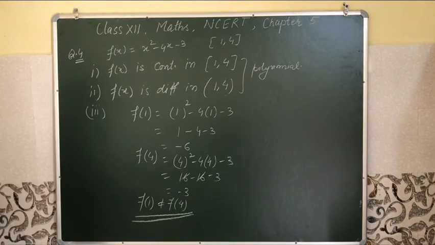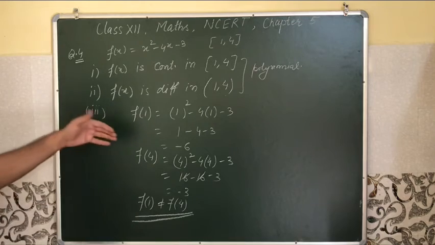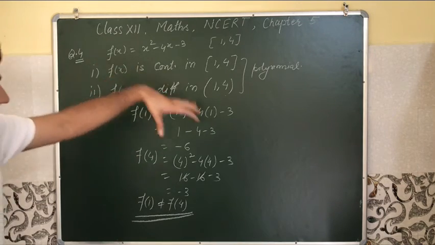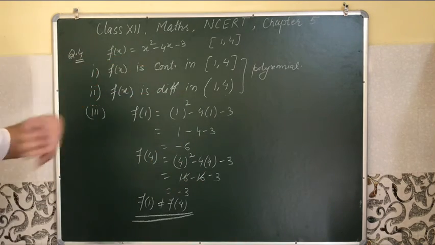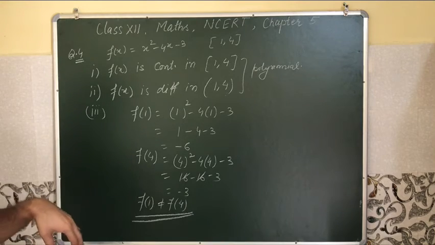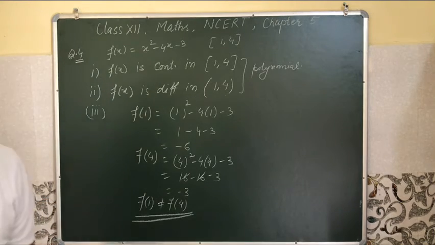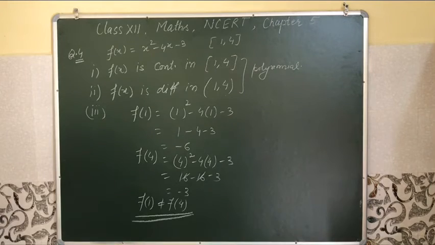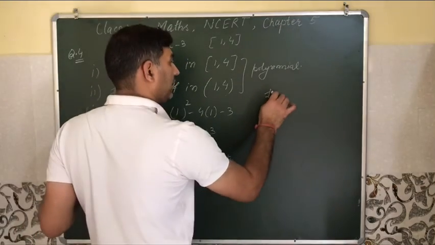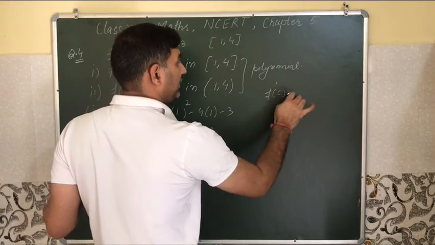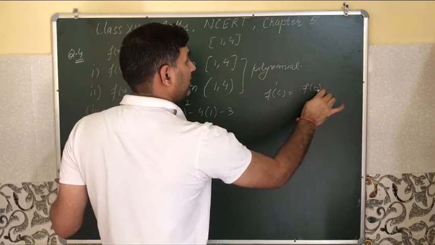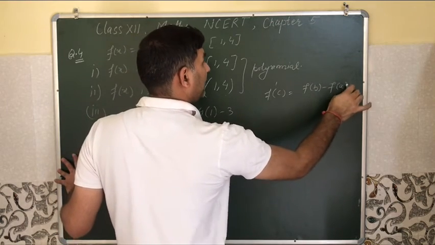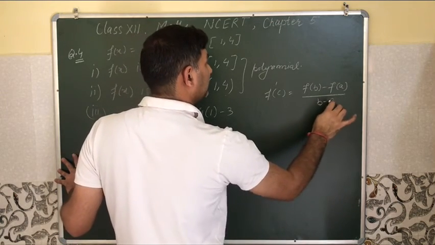This function satisfies the mean value theorem. That means the mean value theorem is applicable on this. And then third one: there exists at least one point c that lies between 1 to 4 such that f dash c is equal to f of b minus f of a upon b minus a.